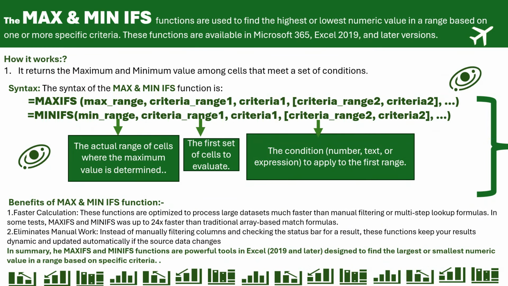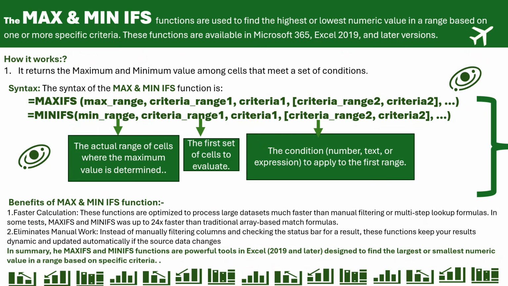So let's understand the benefits of the MAXIFS and MINIFS functions. It's faster calculation. These functions are optimized to process large data sets much faster than manual filtering or multi-step lookup formulas. In some tests, MAXIFS and MINIFS were up to 24x faster than traditional array-based match formulas.